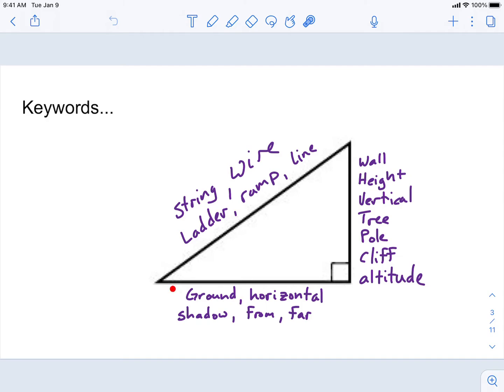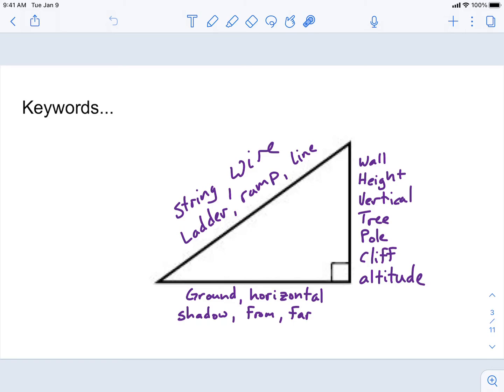Horizontal is sometimes a little more ambiguous. Ground is always going to be here. Shadow, it always lays on the ground, so it's always flat on the ground. Then some words like from and far, most of the time are going to tell you that it is the horizontal side rather than the vertical or the diagonal side.